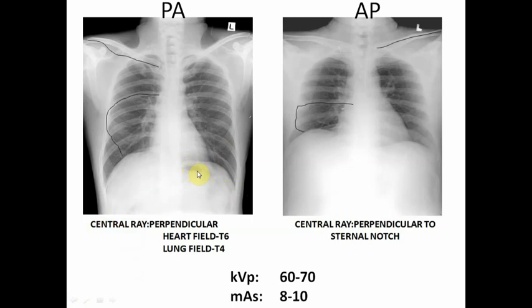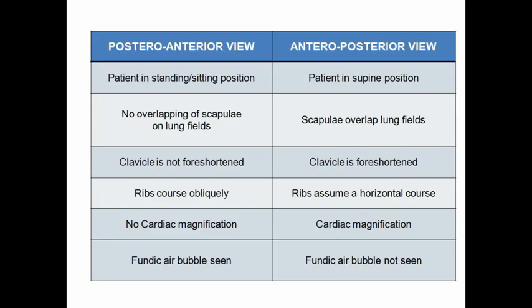When the patient is standing, that air will come and stay on the upper side. That's why we are able to see it. But in AP, the air will not come and stay in one place. It will be distributed all over the stomach, so the density will reduce. That's why we are not able to see it. This is the difference between the PA and AP view.